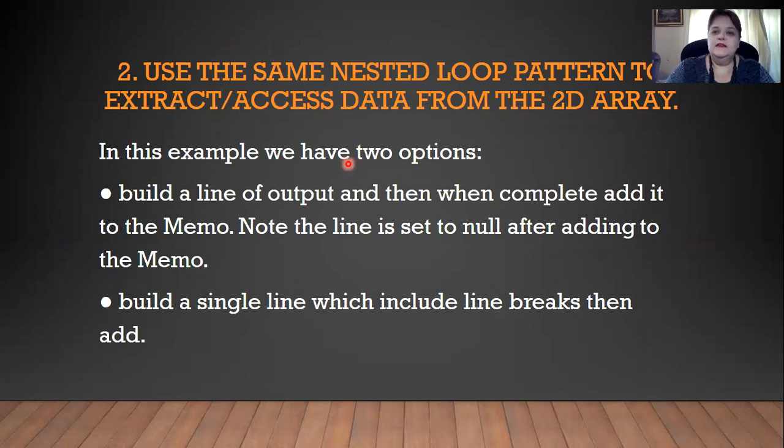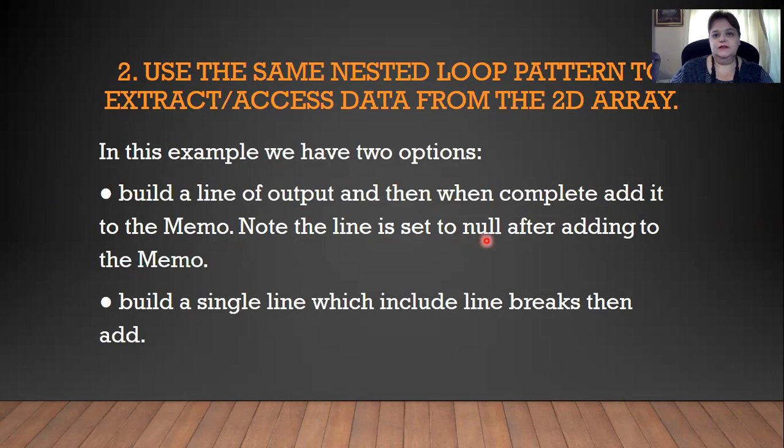Use the same nested loop pattern to extract or access data from the 2D array. So in this example, we are going to have 2 options. The first one is build a line of output and then when complete, add it to a memo. Note, the line is set to null.